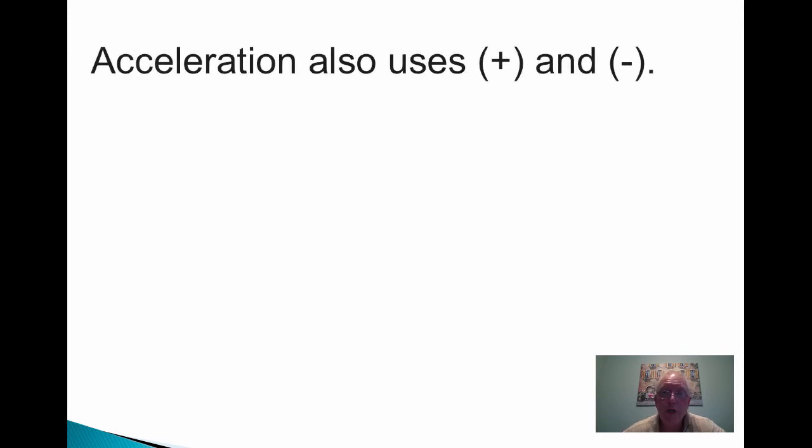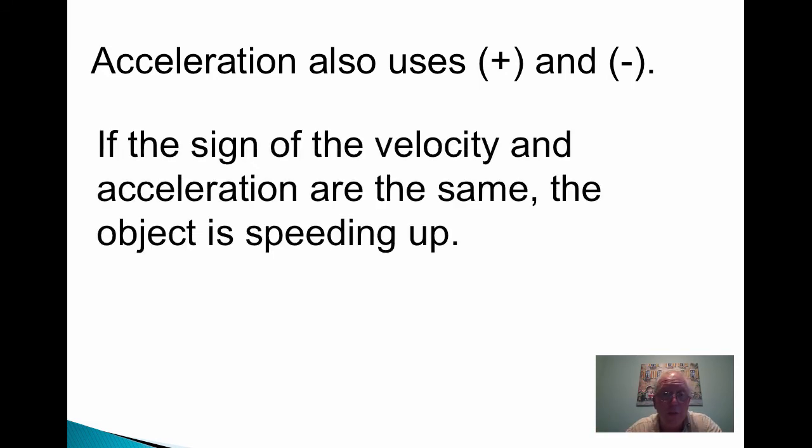Okay, acceleration is also going to have a positive and a negative. Now this gets a little bit dicey and maybe confusing at first, but we can all work it out together and we'll make some sense out of this. Intuitively for me, negative acceleration would mean slowing down, but that's not always the case. If you have a negative acceleration and you're moving in a negative direction, it means you're picking up speed.